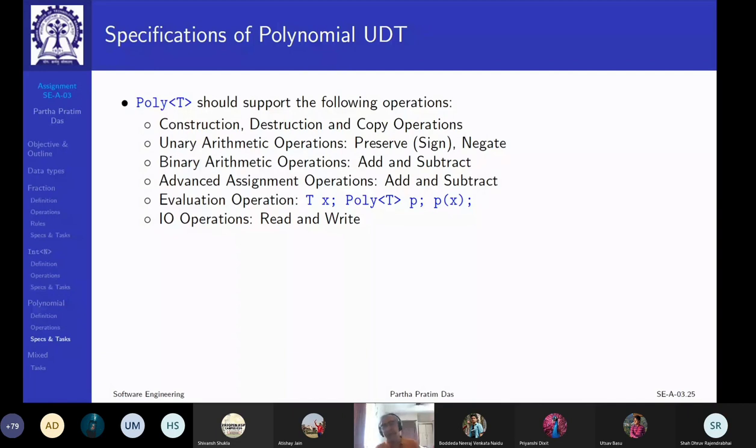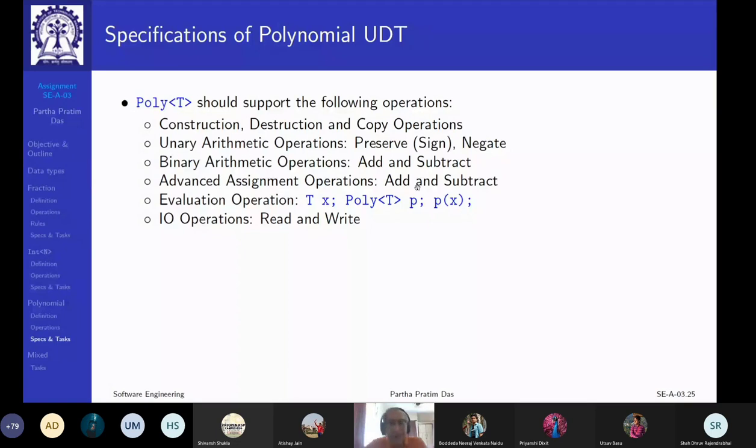But our idea is not to write complex algorithms, but our idea is to develop designs and implementations and tests in a structured way according to the engineering practices. So just to keep it simple, I've just defined add and subtract. If I have add and subtract, then I have advanced assignment operations for add and subtract.